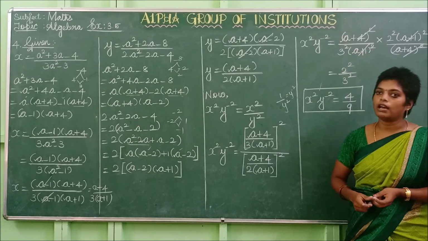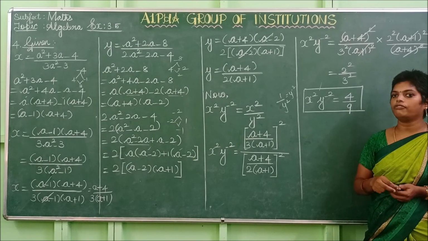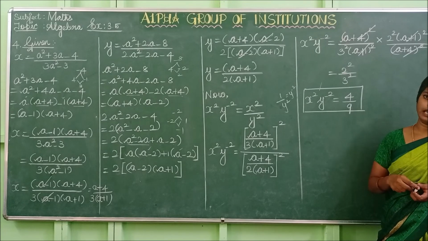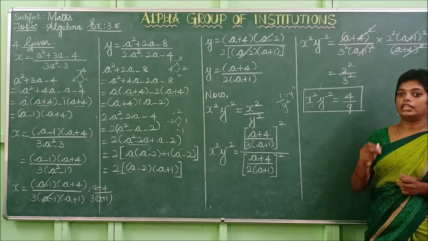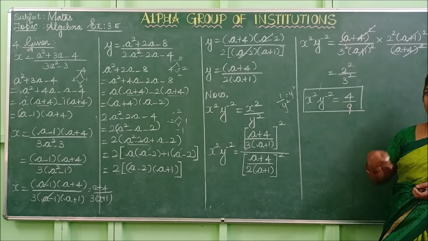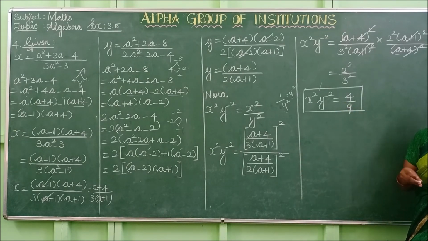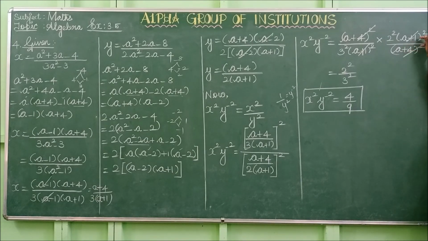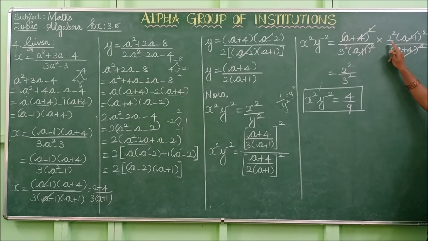You know one formula for division of rational numbers. P of x by q of x divided by r of x by s of x is nothing but p of x by q of x into s of x by r of x. If you change the sign, you have to change the values also, so it will be interchanged: numerator into denominator, denominator into numerator.